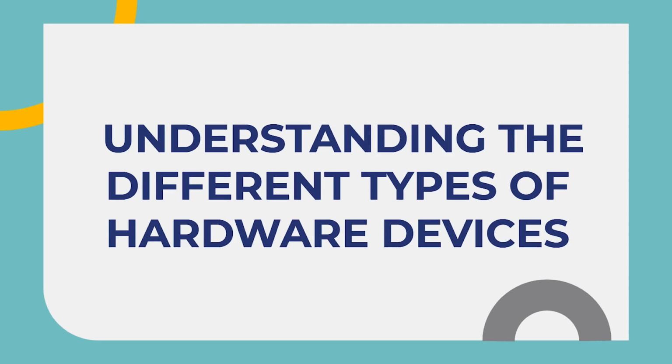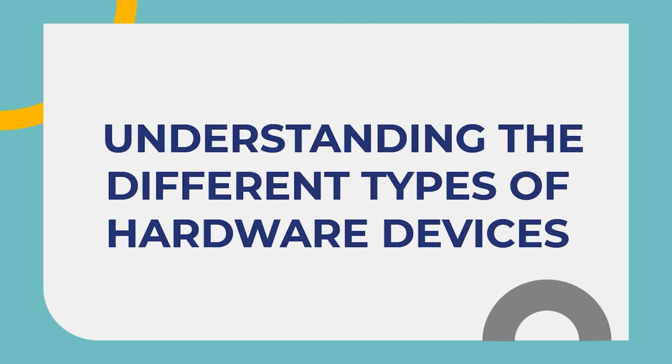We'll go over software, but today we'll be concentrating on hardware devices. So once again, hardware devices are parts of the computer that you can see, you can touch, you can feel. There are several different types of hardware devices, I should say.